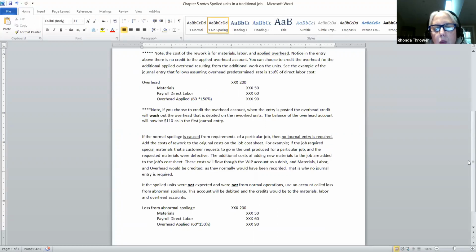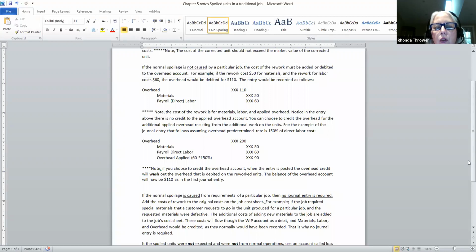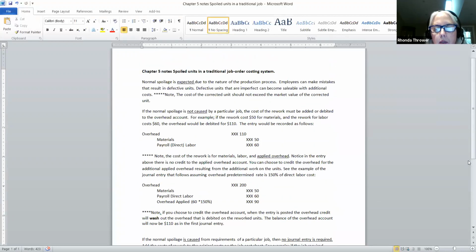And so that's how we account for spoiled units. It's important for you to be familiar with that because I've assigned a homework problem. So use these notes to help you with your homework problem that talks about spoiled units.